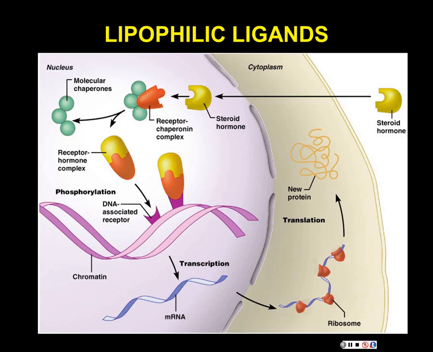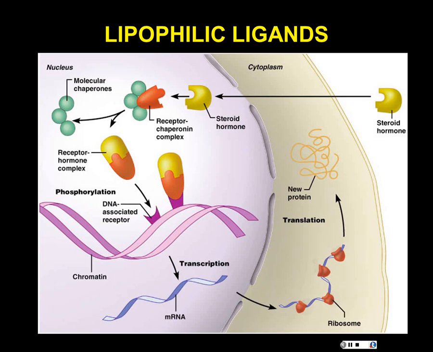Into the nucleus. At this point, we've not seen it collide with its receptor. We can see in the nucleus, the steroid hormone can bind with its receptor. When it binds with its receptor, the receptor becomes basically activated, without having to go into much detail.